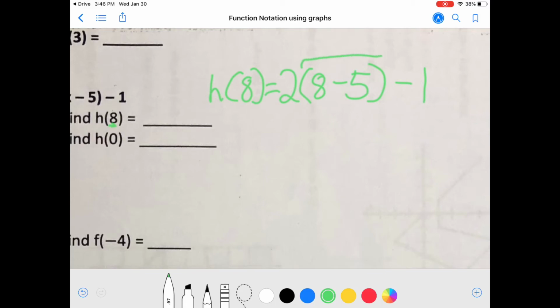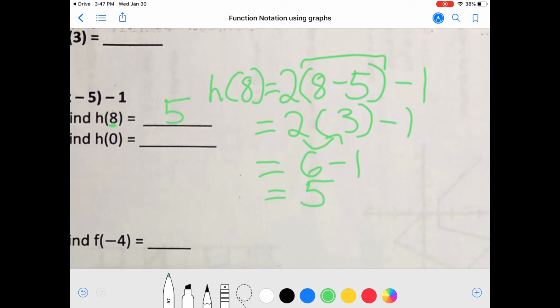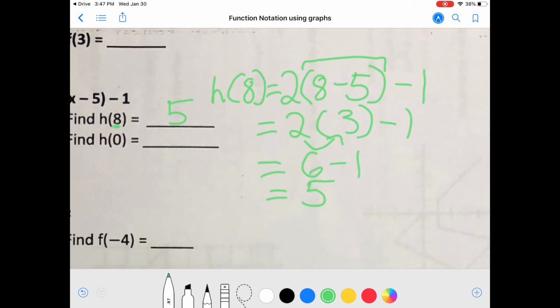So we first have to deal with what this parentheses is. So 8 minus 5 is going to be 3, and then minus 1. Got to distribute that 2 to that 3, so we get 6 minus 1, and 6 minus 1 is 5.